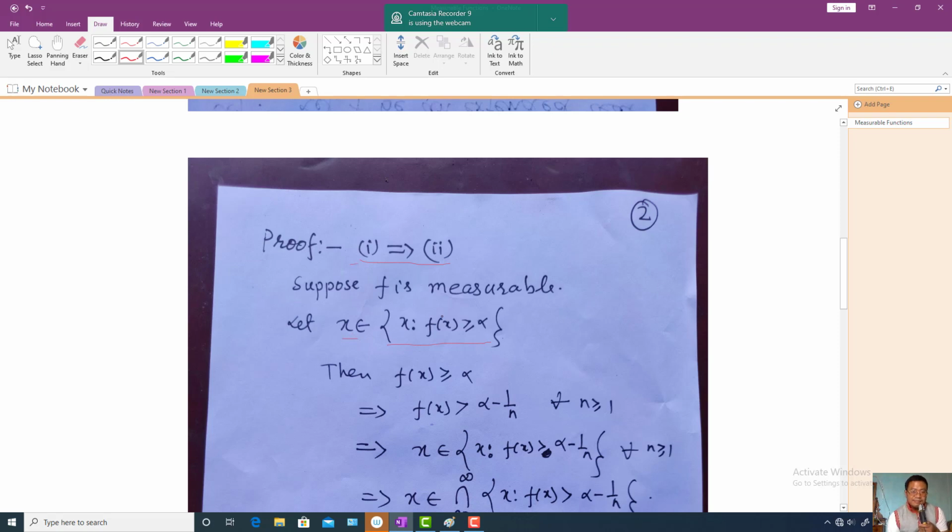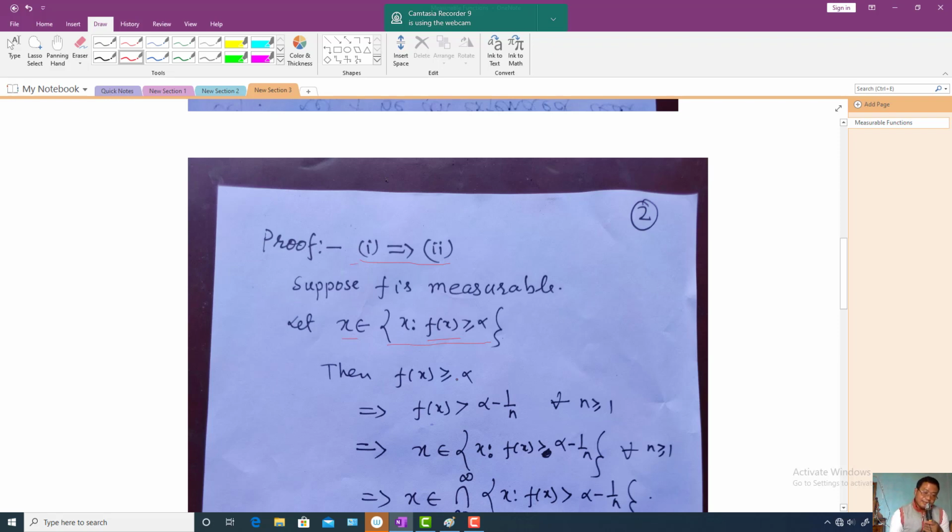That means what? If x is a member of this set, f of x is greater than or equal to alpha. Okay, I am using the same symbol x here, don't get confused. So x is a member of this set, then f of x is greater than or equal to alpha.